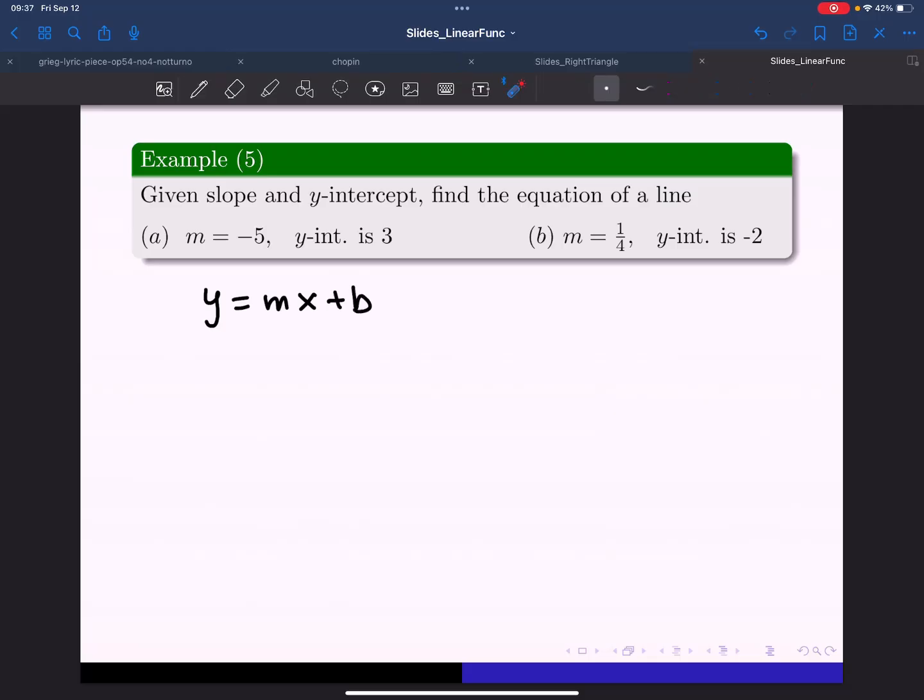We know that this is my slope and this is my y-intercept. So we simply substitute those values. We have y is equal to minus 5x plus 3. And this is the equation of the line. So this is the answer.